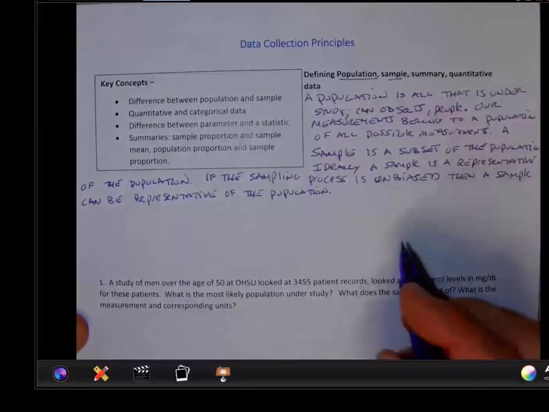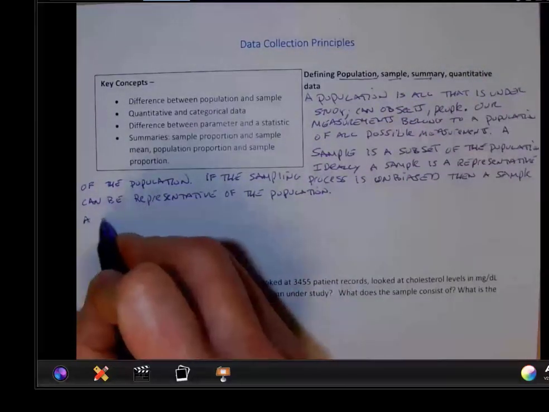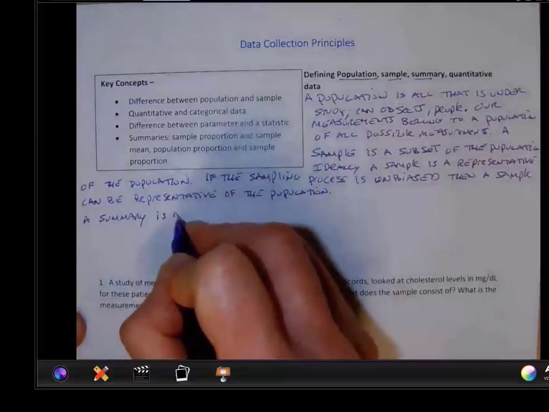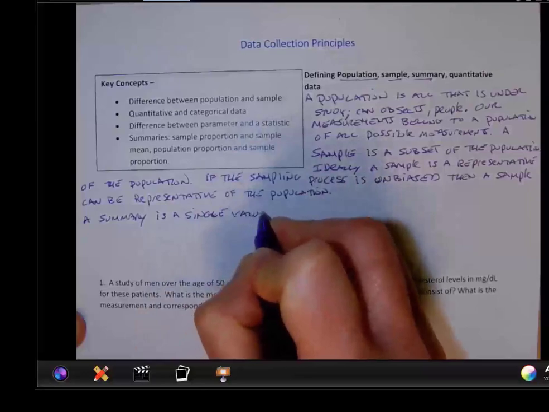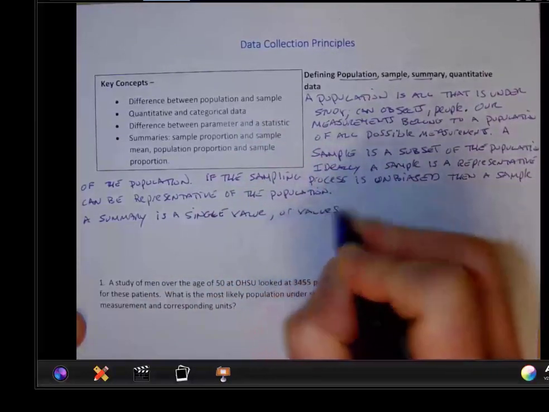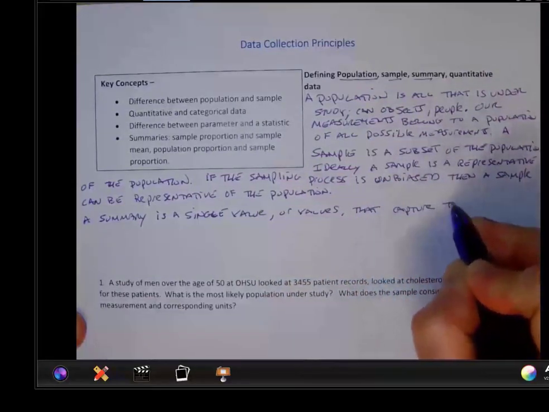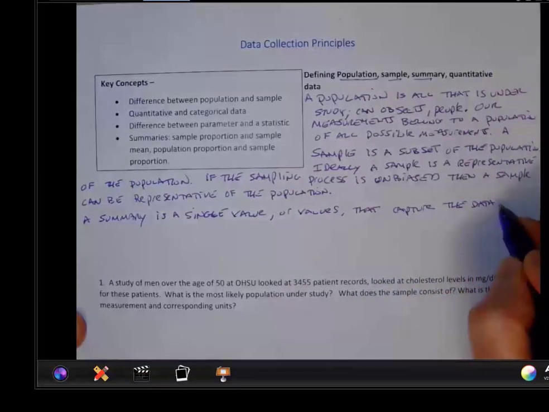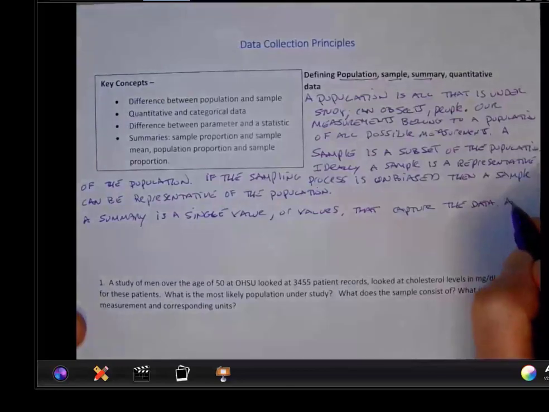Okay. What is a summary? A summary is a single value or values, sometimes there's more than one, that capture the data, and the data being our measurements. The one that you're more familiar with is an average.